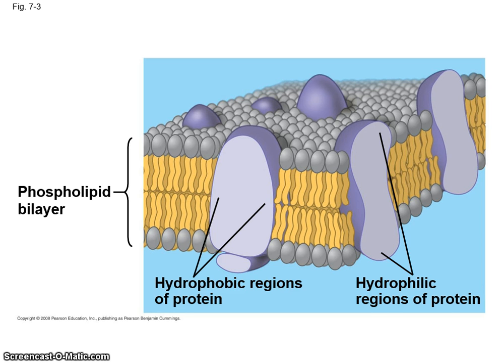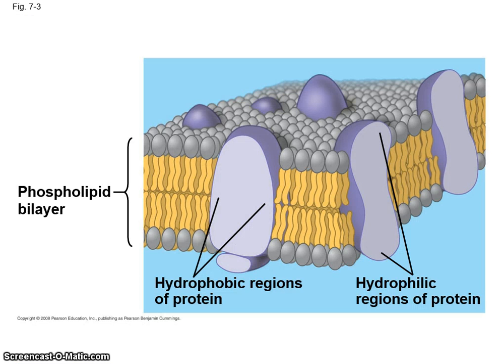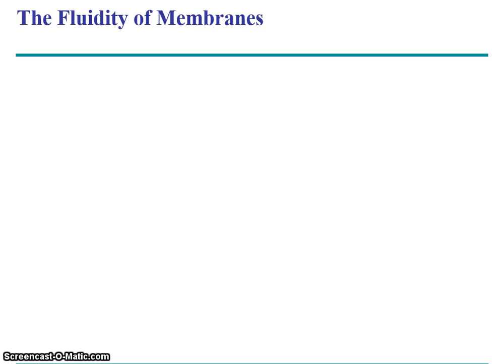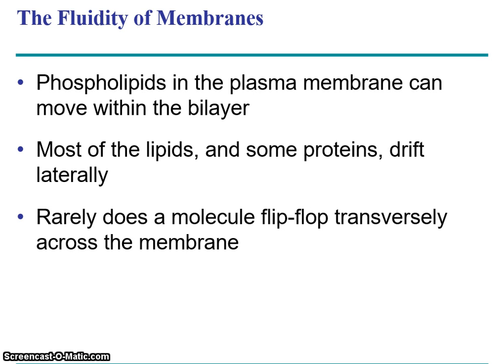Now let's break down that model, the fluid mosaic model. Let's discuss first what that word fluid means. Typically in any textbook, this is the picture that you see of the cell membrane, which is kind of misleading in that phospholipids are actually moving around. They're held together by hydrophobic areas and hydrophilic areas, but those are not very strong interactions.